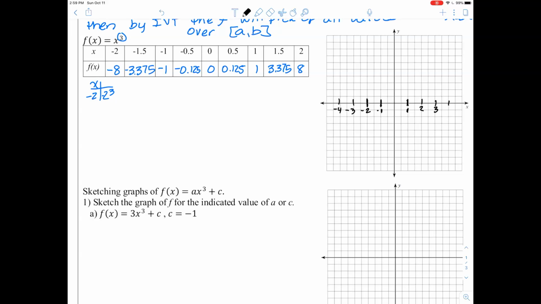All right, so what I want to mention here is you can see that I'm changing my x scale so that every other tick mark is a unit, but I'm not going to change my y scale. So this is going to skew my graph a little bit, but what I want you to see is the turning points. That's what's really critical here. Also, so I can get in the 1.5 and the negative 1.5, and I can graph all those points.